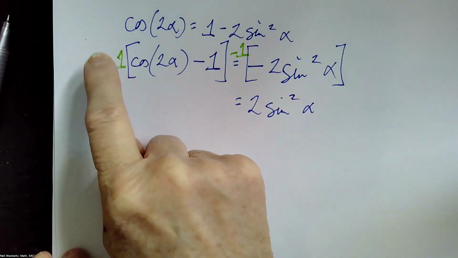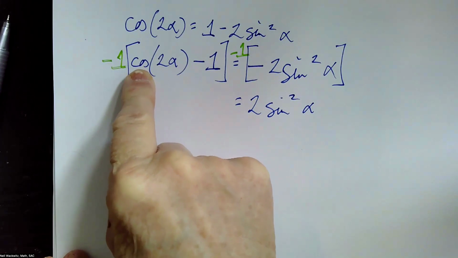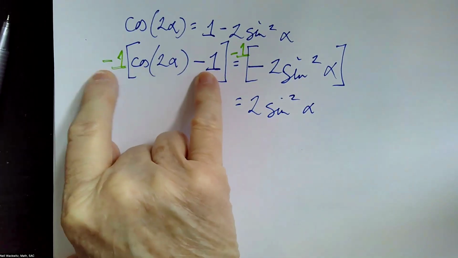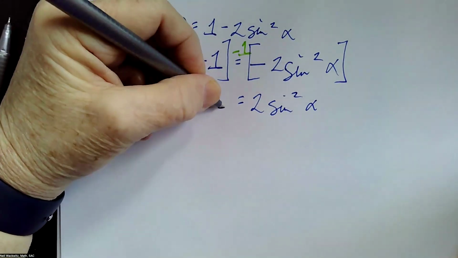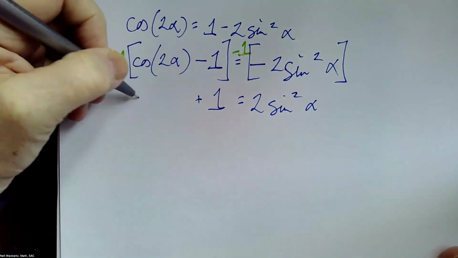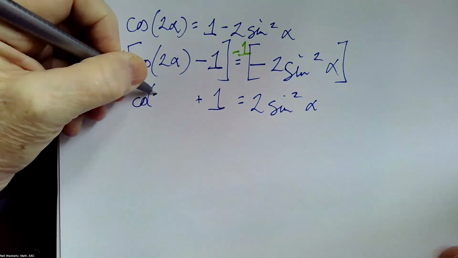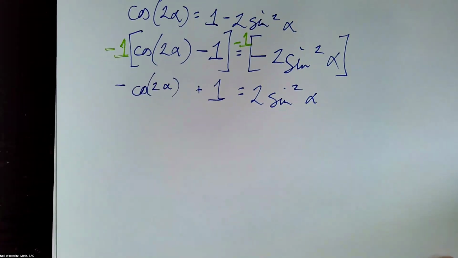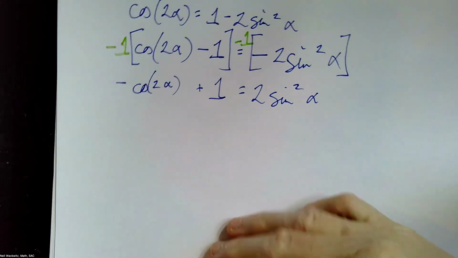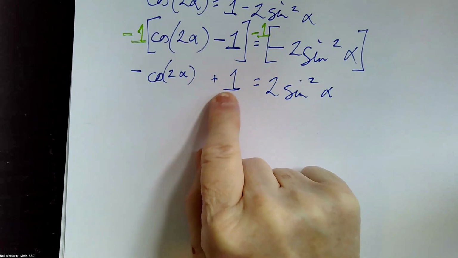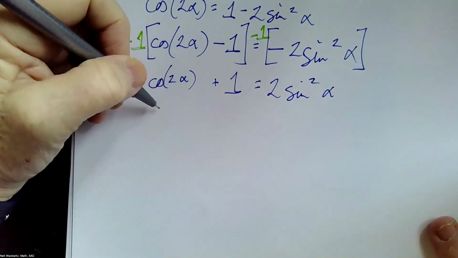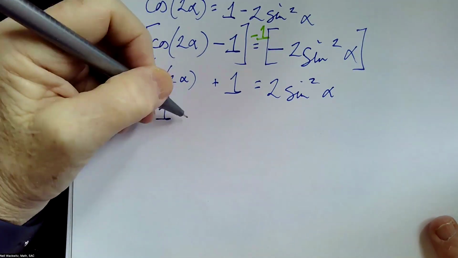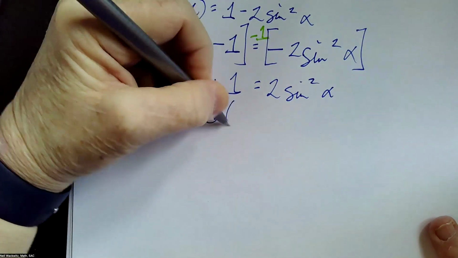On the left side, we've got a negative cosine 2 alpha, and negative times negative is a positive 1. And with anything that we can just decide, we'd like the positive thing to come first. So I'm going to write this left-hand side as 1 minus cosine 2 alpha.